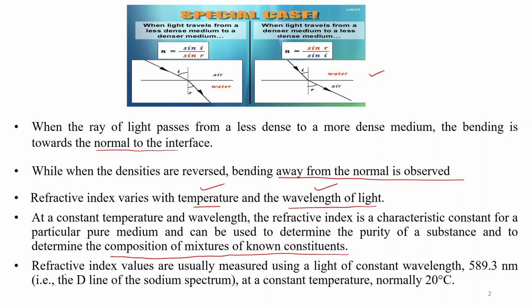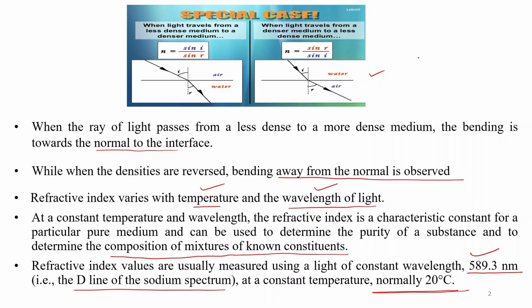Now, in the coming slides, refractive index values are usually measured using light of a constant wavelength. Generally we use the D line of the sodium spectrum, that is at 589.3 nanometers, and generally it is taken at 20 degrees Celsius. So always we have to mention the wavelength of light that has been used and also the temperature.